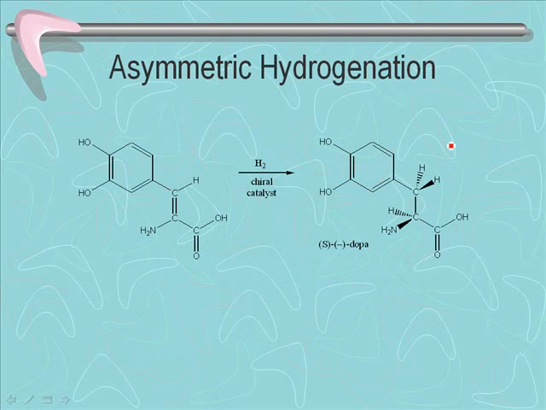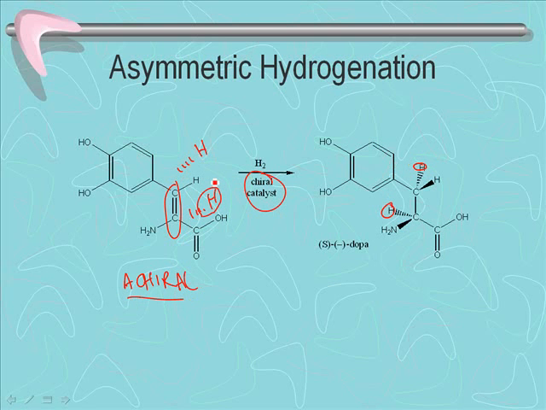Here's an example of how the hydrogenation reaction is actually extremely useful. It allows us to take the carbon-carbon double bond of this alkene and add a pair of hydrogens to it, this one and this one. The two hydrogens are added syn to one another. Our starting material is an achiral molecule. By using a catalyst that has chiral centers in it, we can actually add hydrogen only to the bottom face.